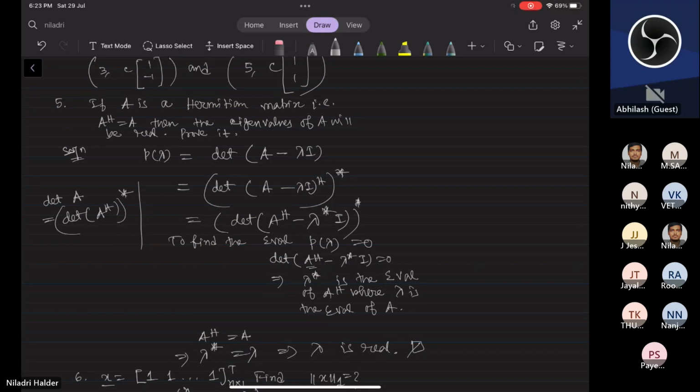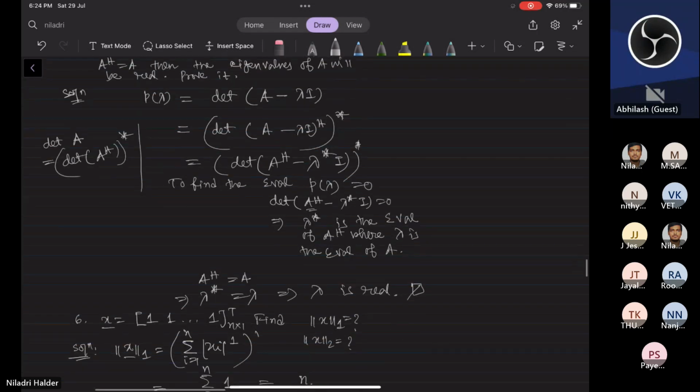So P of lambda is the characteristic polynomial, that is equal to determinant of A minus lambda I. The determinant of a matrix is equal to the determinant of the Hermitian of that matrix, the conjugate transpose. So that is the same as determinant of A Hermitian minus lambda star I, and that should be equal to 0.